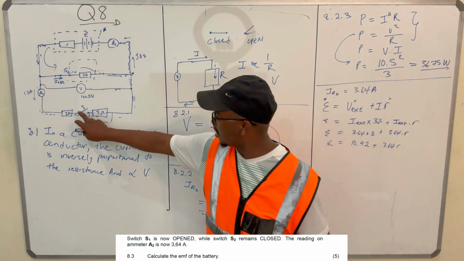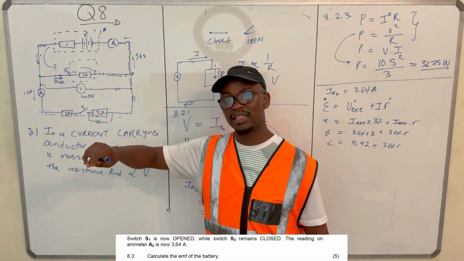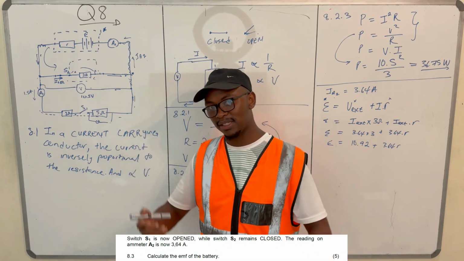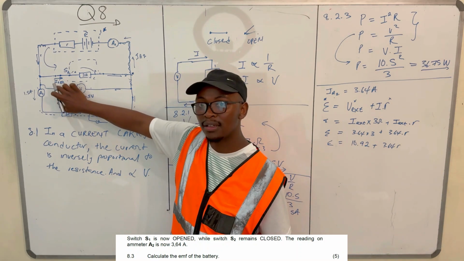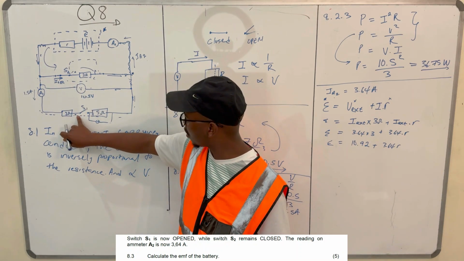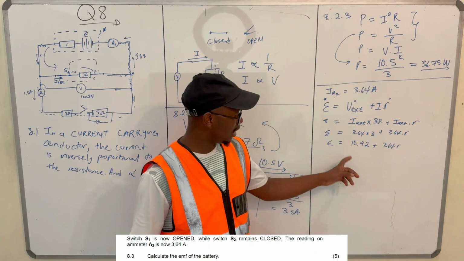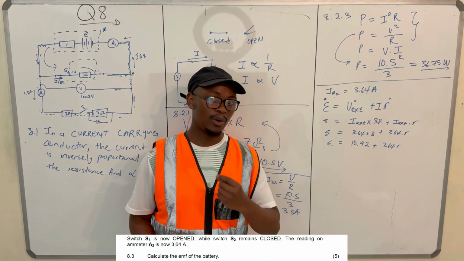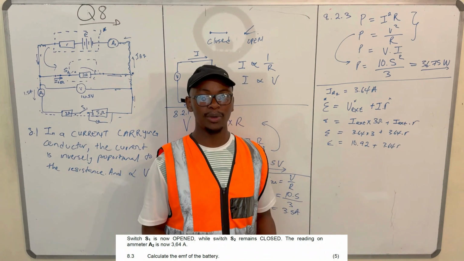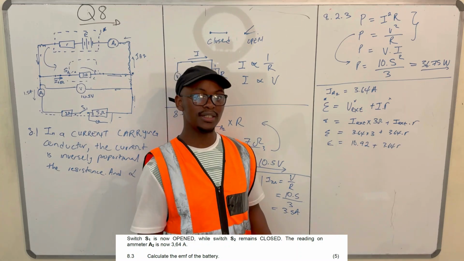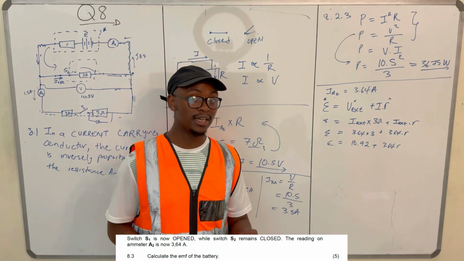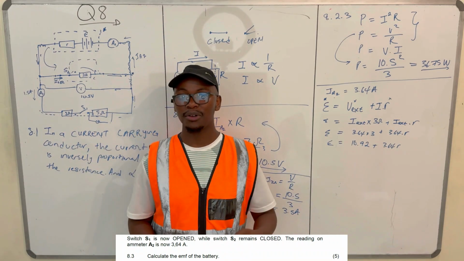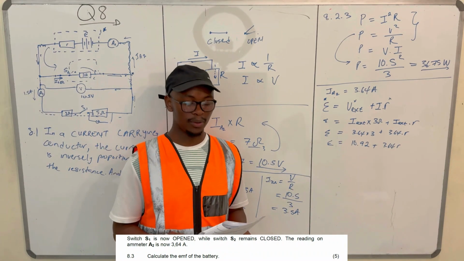You changing these switches doesn't change the fact that this battery always had that specific EMF. Meaning that we can go back to the circuit where S1 was closed and S2 was closed. Because here we have two unknowns, and to solve two unknowns, we need two equations. So we need to find another equation that represents the EMF of the battery and still has that internal resistance. Then we can start doing our simultaneous equations and solving for R. Okay.